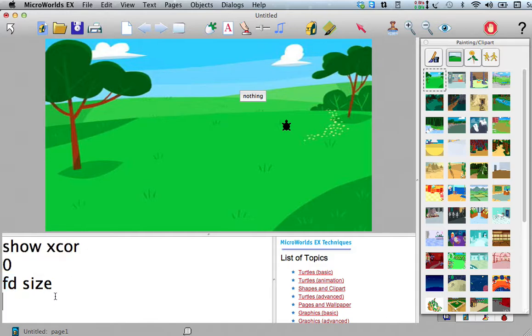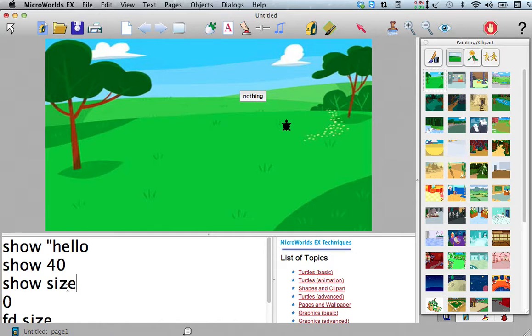What's cool about Logo is you can put these words together. If you need input, you can either give it input like show 40, or I can use a reporter to gather some information, to output something that can be used as input for show.